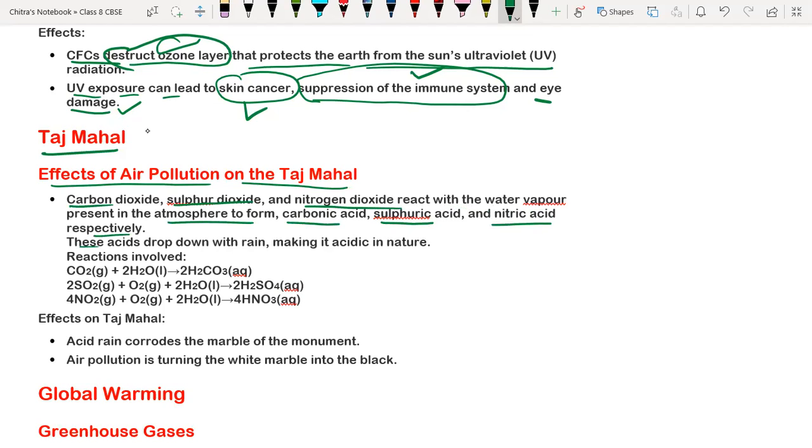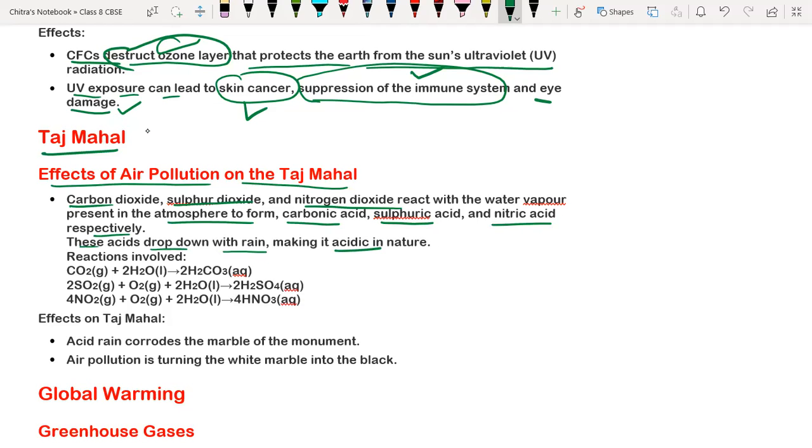respectively. These acids mix with the rain and cause acid rain. That acid rain reacts with the material used for the construction of the Taj Mahal, and it depletes that material.